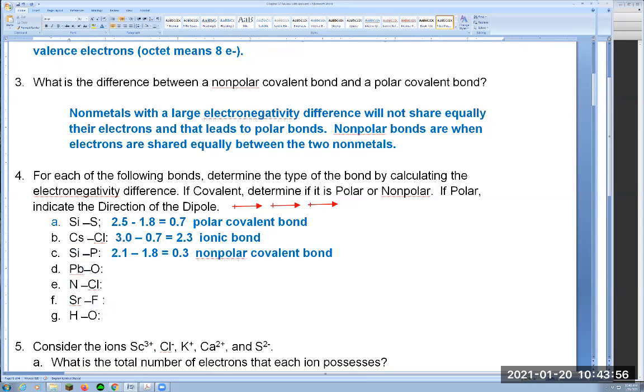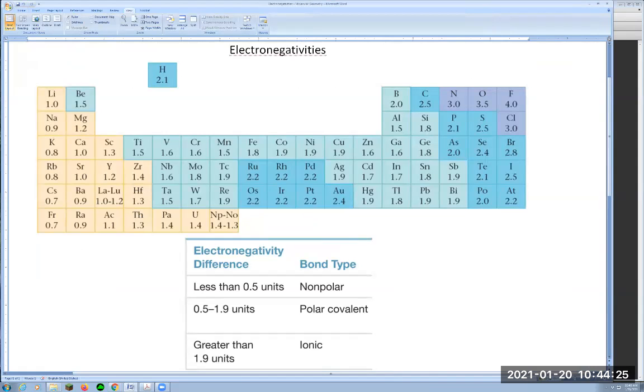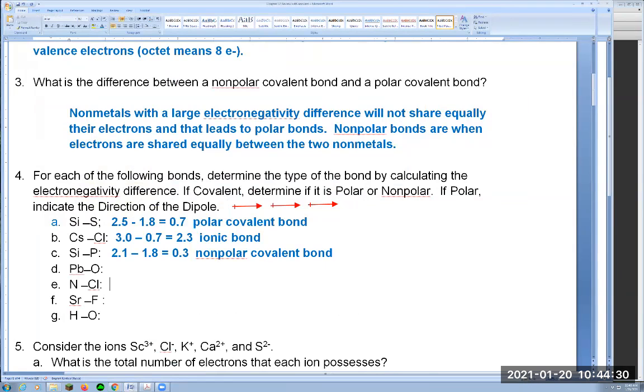Oh, by the way, I forgot to add the arrow because we had a polar covalent bond here, and it said to indicate the direction of the dipole when you have a polar covalent bond. So I need to put an arrow above silicon and sulfur in the correct direction. The arrow should point towards the most electronegative element. Between the two, the most electronegative was sulfur with 2.5, so the arrow should point towards sulfur.